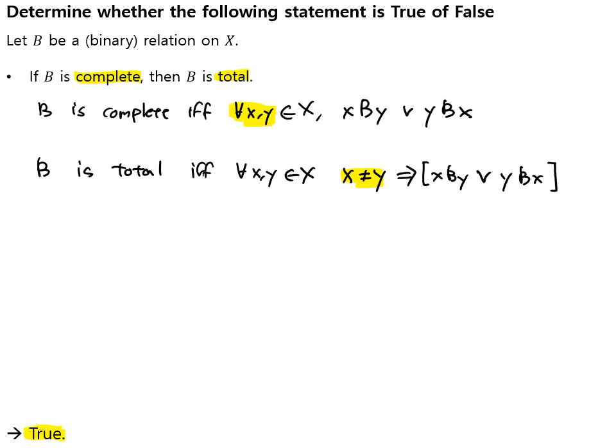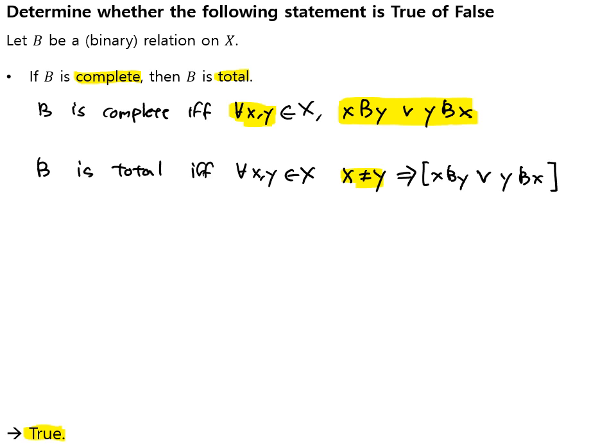Since completeness applies for all pairs, it applies both when x and y are distinct and when they are not distinct. So completeness covers additional cases that totality does not cover, namely the cases in which x and y are the same.